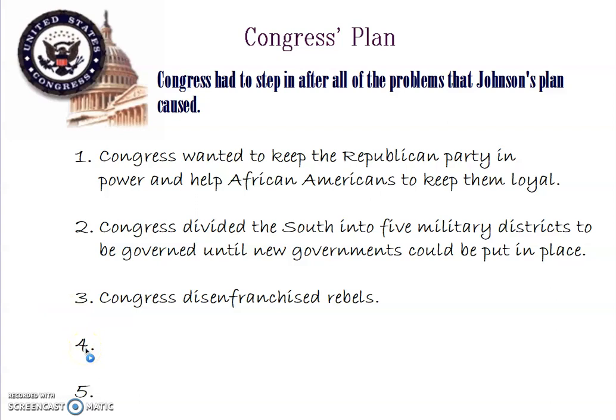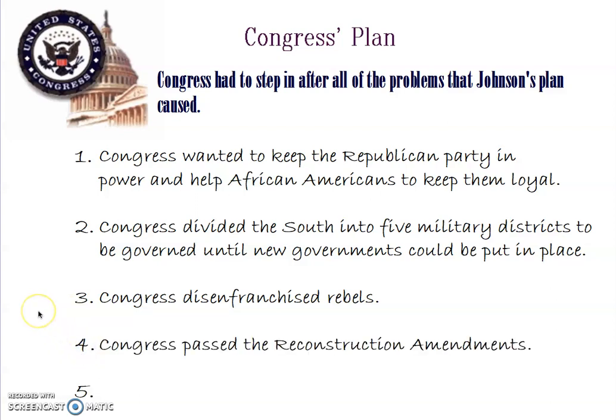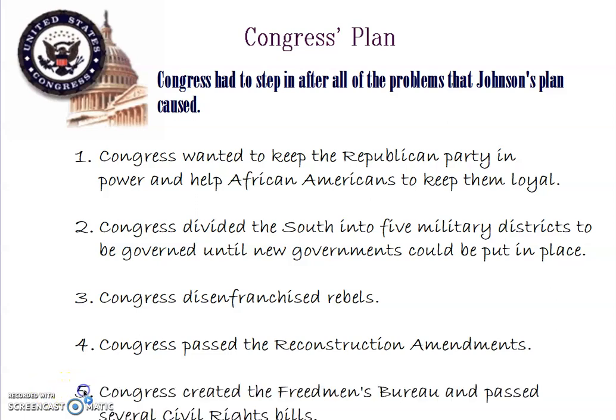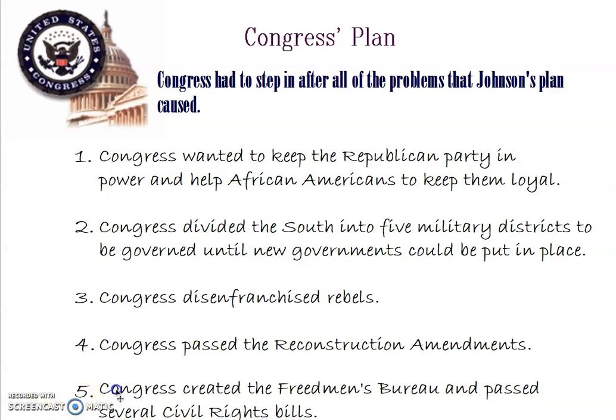Rebels was another word for the Confederates. 4. Congress passed the Reconstruction Amendments, abolishing slavery, giving African American men the right to vote. 5. And Congress created the Freedmen's Bureau, and passed several civil rights bills.